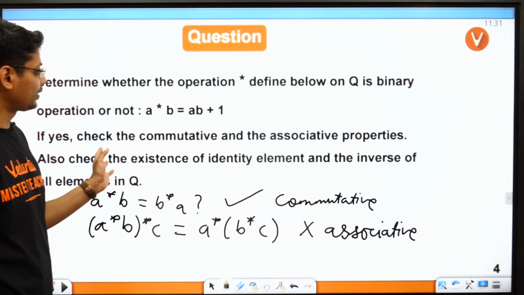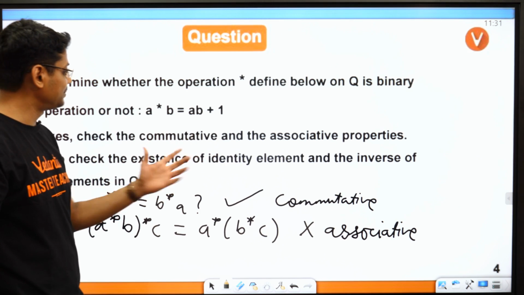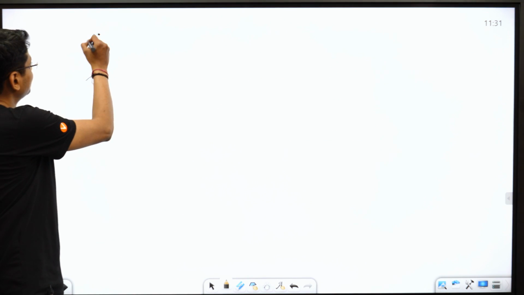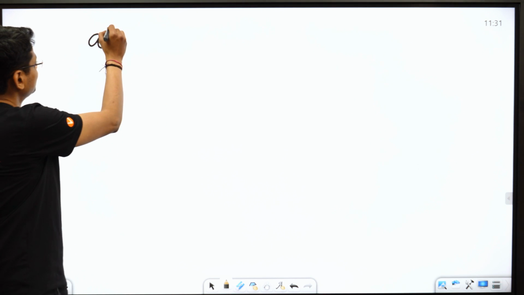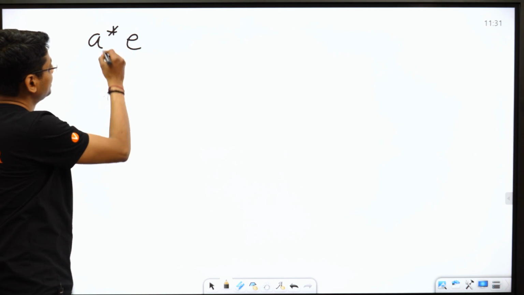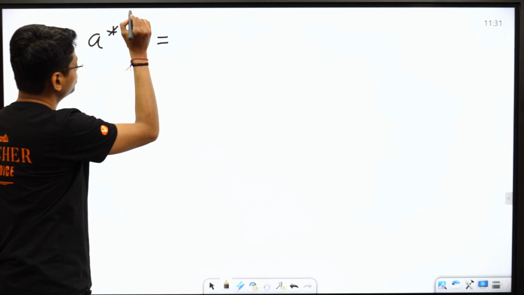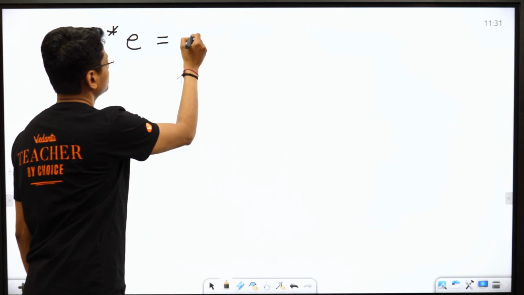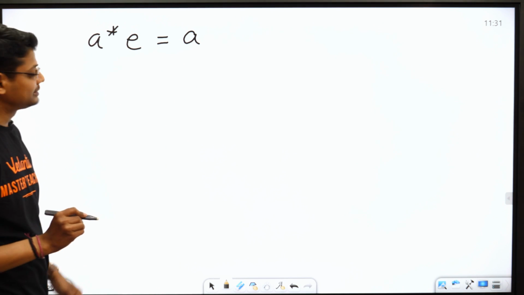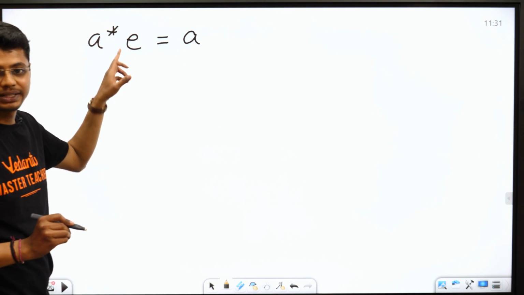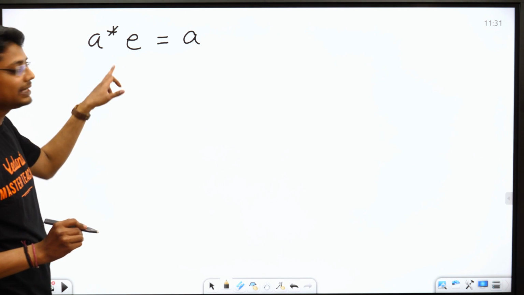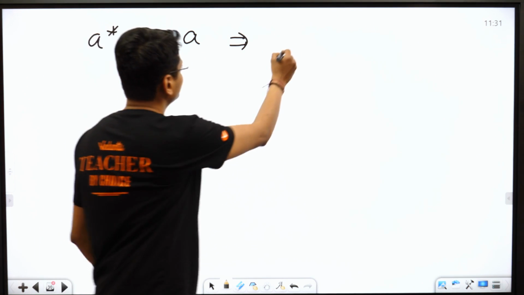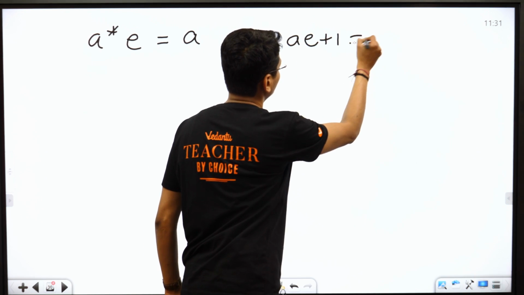And to know whether an identity element exists or not, what we essentially say, identity element is e. So we are in search of a * e being equal to a, right? And since this operation is commutative, a * e is the same as e * a. All right. So a * e is what? ae + 1 equal to a.